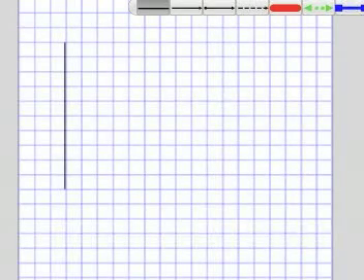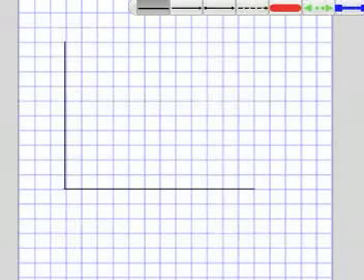I am making it perfectly straight, right? And I'm actually counting some boxes, and I've counted 10 boxes, and I'll talk about why I've done that later on. Then I'm going to also come across here, and I'm going to count off 12 boxes here. And again, we'll talk about why we do that later on.